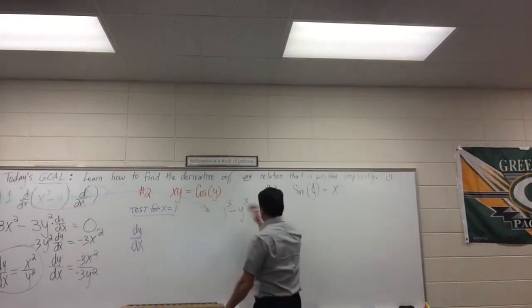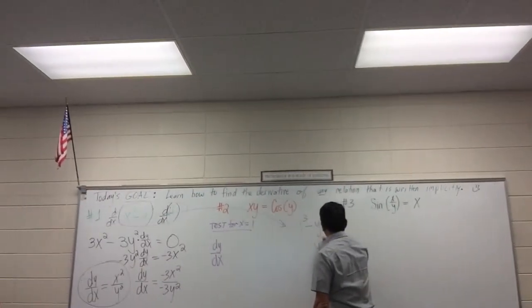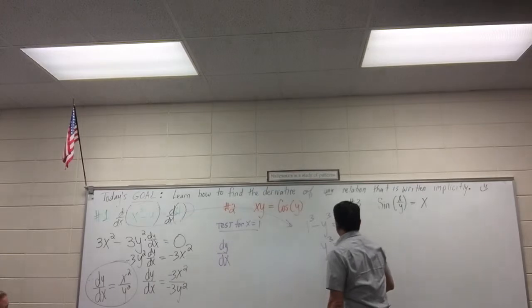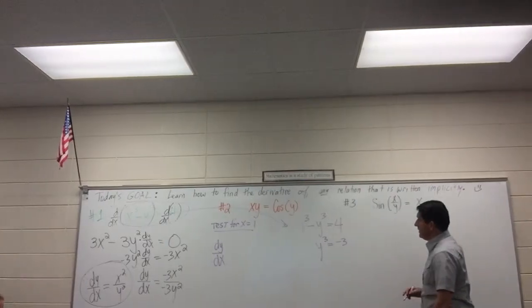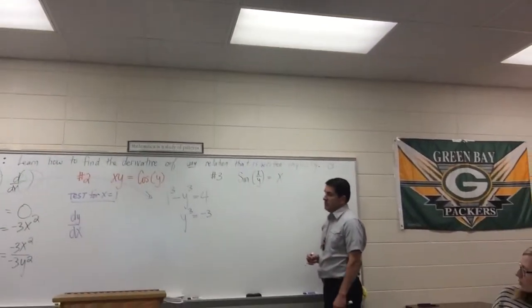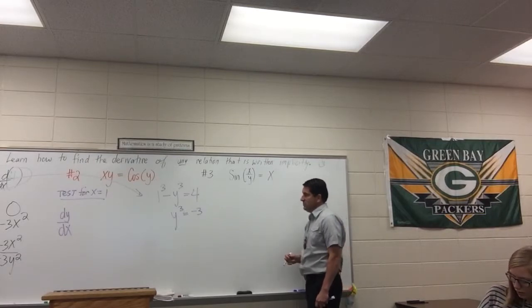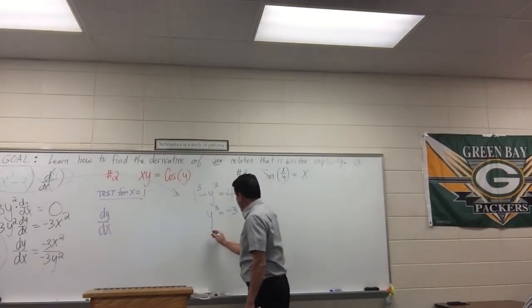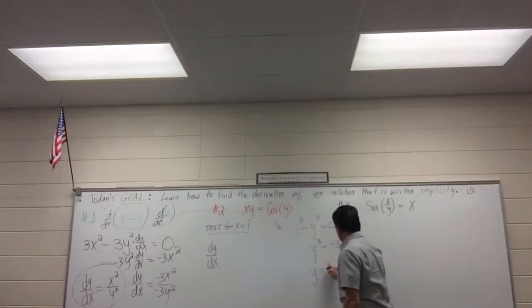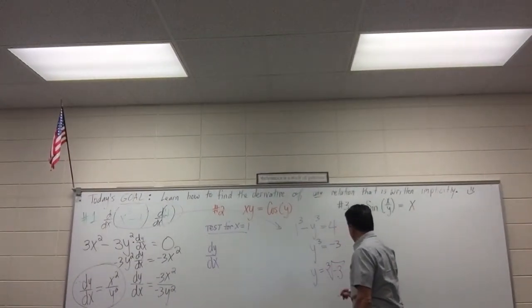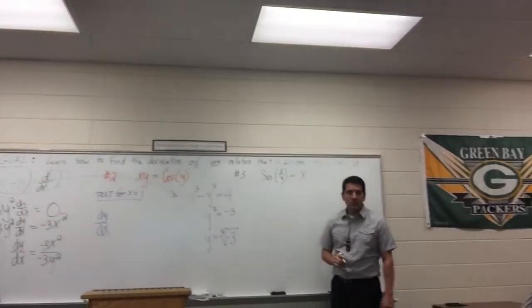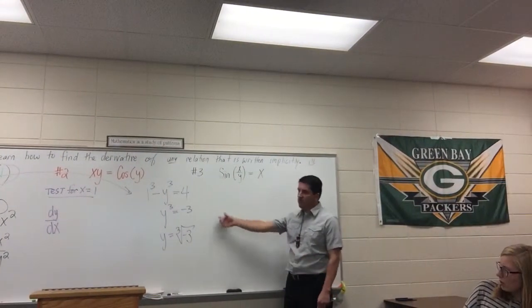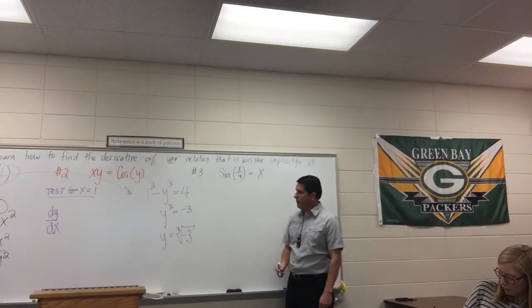And doing a little manipulation, y cubed is equal to negative 3. So y is equal to the cubed root of negative 3. Remember, it's legal to do cubed roots of negatives, not square roots.